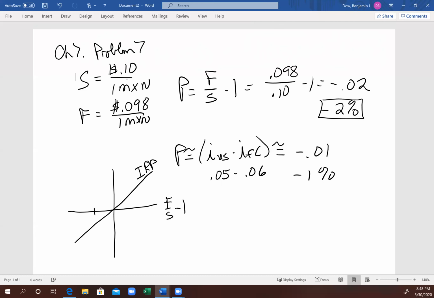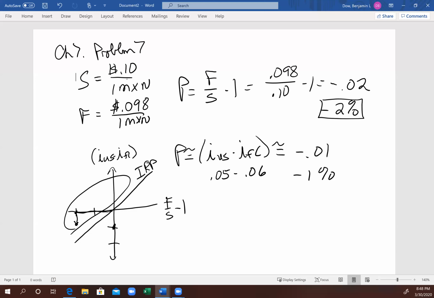But we're at negative 2% determined by the forward and spot rate, and the premium as determined by the difference in interest rates is negative 1%. If we go negative 2 and down 1%, you can see we're in the region above the interest rate parity line.